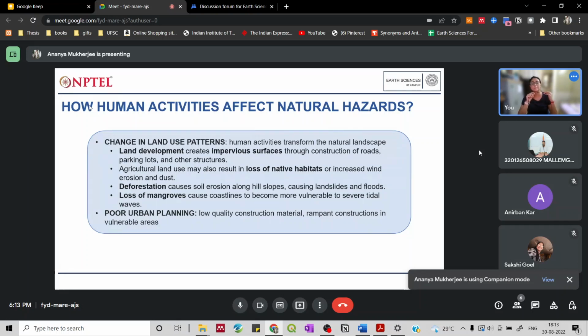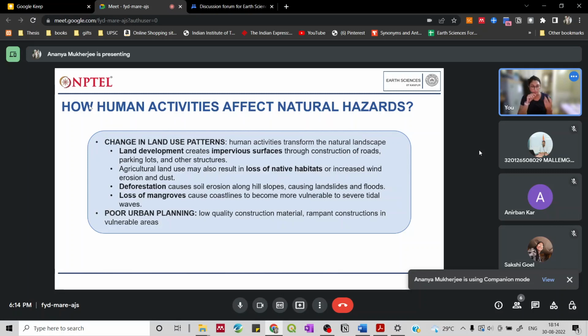Impervious means that it cannot hold water anymore. Suppose you have heavy rainfall, but since our surfaces are impervious, the water is not absorbed by the ground, and it results in waterlogging, as we often hear, in urban areas. So that is one cause.